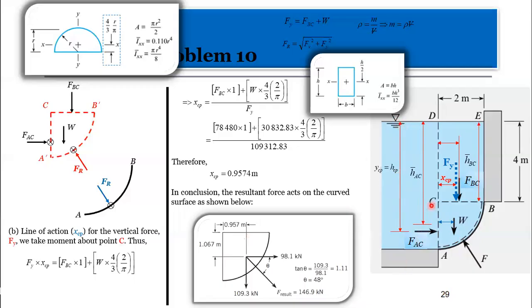But if we are focusing on this point here, it is simply the value we obtained, the 5 point whatever, minus 4. So at the end of the day, we are going to get 1.06. Are we there? In terms of the angle, we use the equation here to obtain it. But in terms of the line of action, we can do that.